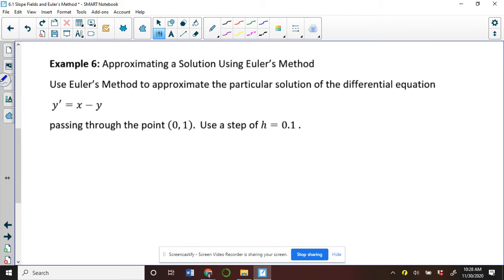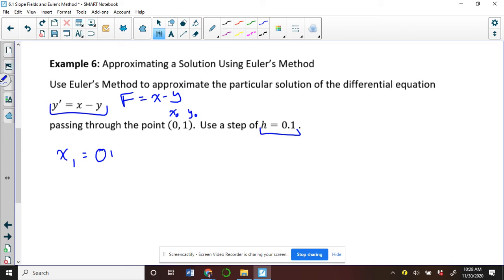Now we're going to approximate Euler's method given our information. So we know our step is 0.1, and we know our initial point, so x naught is 0, y naught is 1. And this y prime equaling x minus y, that is our f, or our slope. To calculate the x's, x1 would be equal to x naught plus our step.